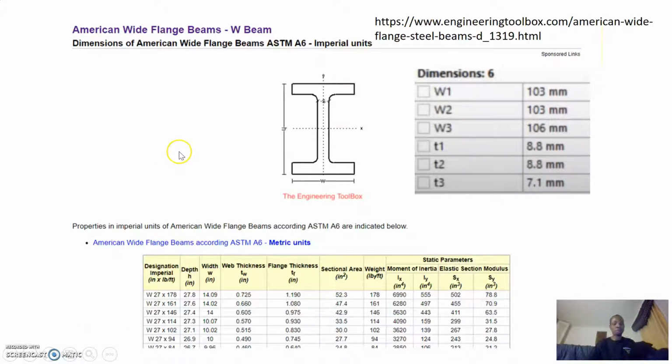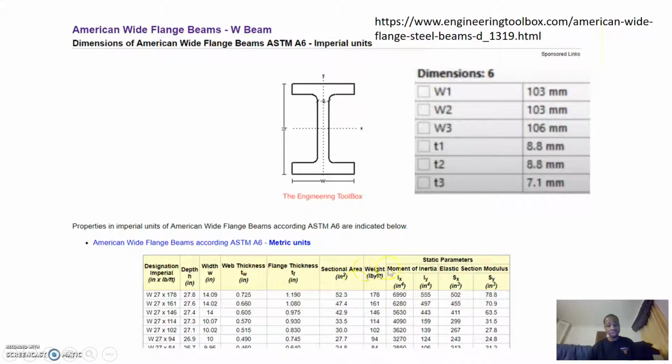This is the shape, or the dimension, of my I-beam. We have different sizes of I-beam with respect to what you intend to use it for. The application determines the size of the I-beam that you are going to use. So when you are designing, you need to have this at the back of your mind, that the parameters of the I-beam change from one value to another.